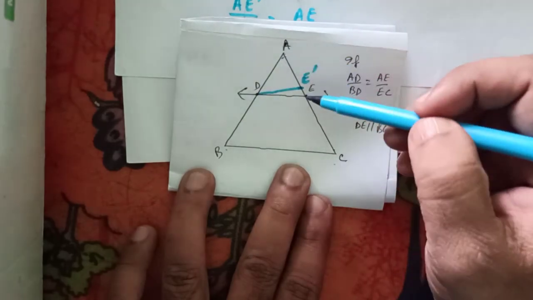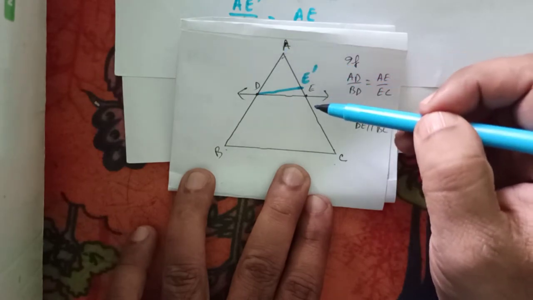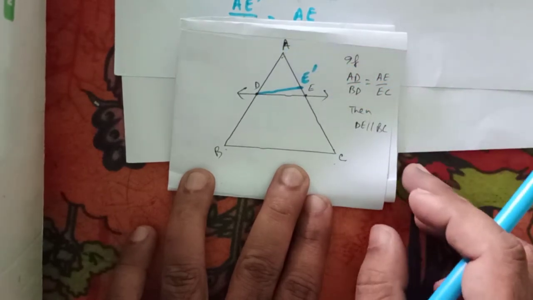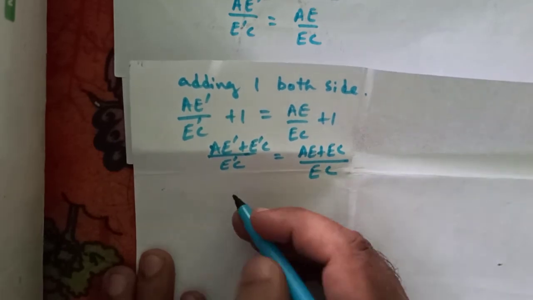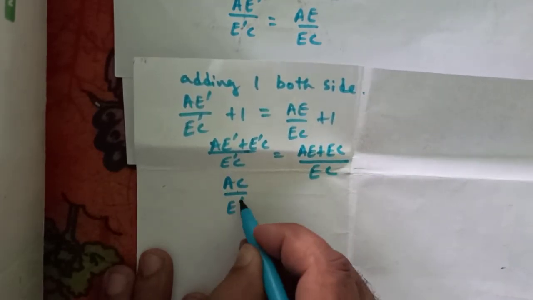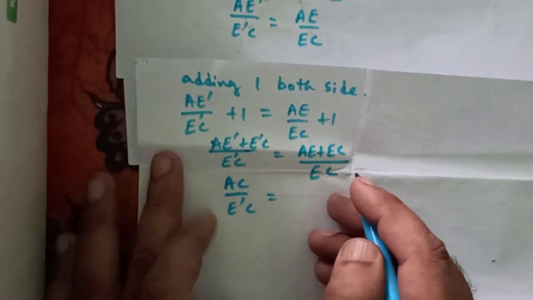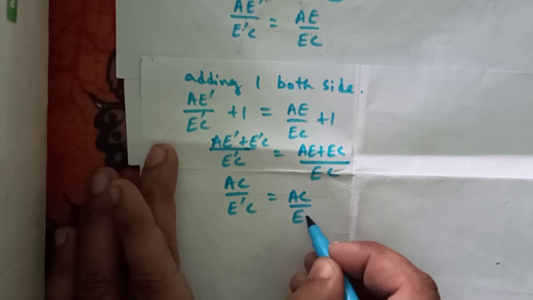We can write AE dash plus E dash C as AC, and we can also write AE plus EC as AC. So writing that, what we will get? AC upon E dash C on the left, and AC upon EC on the right.